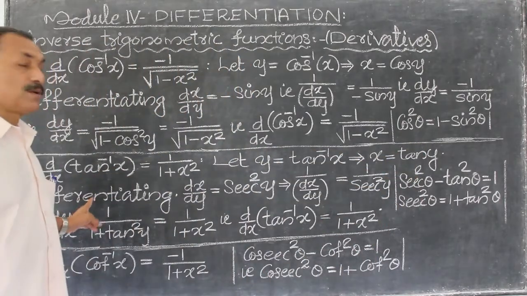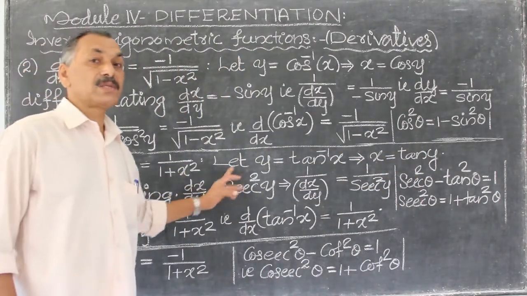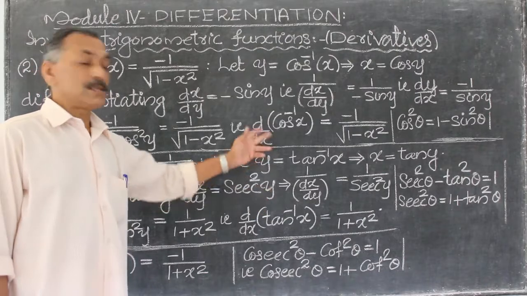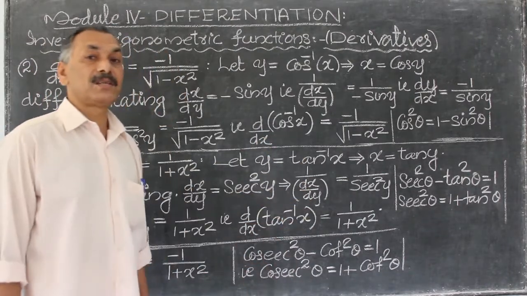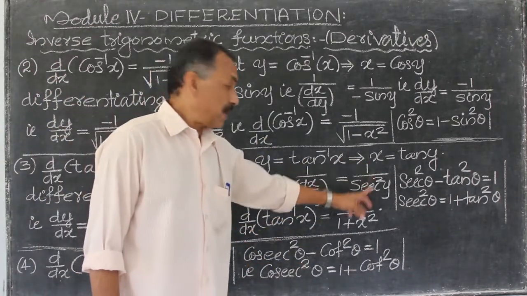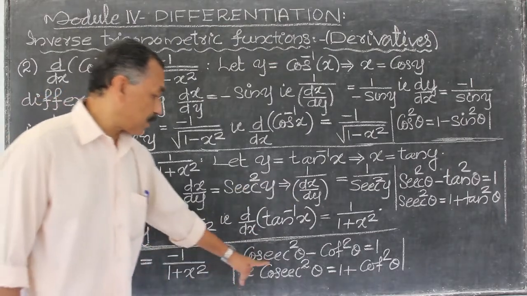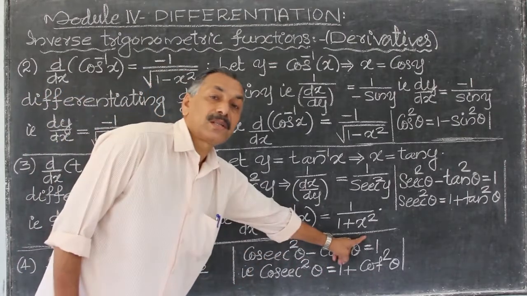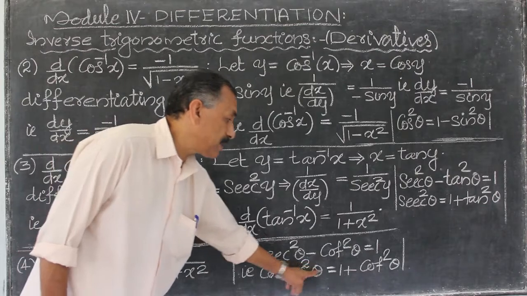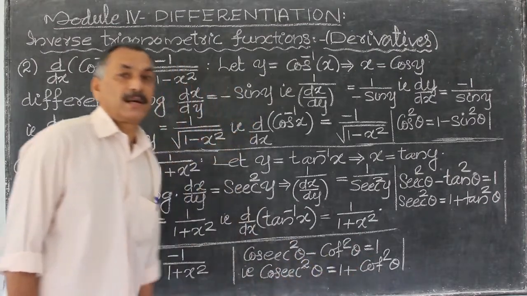Dx by dy is equal to the derivative of cot y, which is minus cosecant square y. Here, taking the reciprocal, 1 divided by dx by dy is equal to minus 1 divided by cosecant square y. Cosecant square theta minus cot square theta is equal to 1, or cosecant square theta is equal to 1 plus cot square theta.